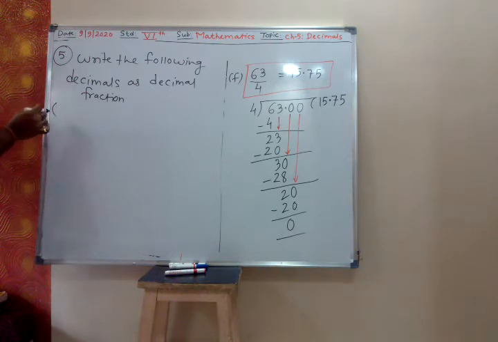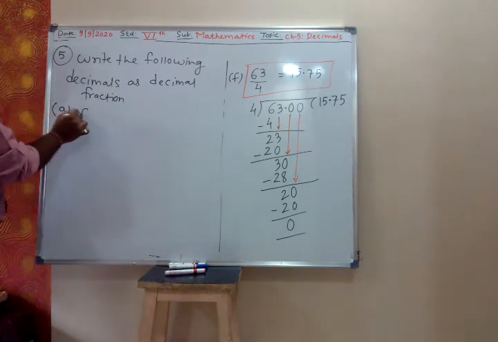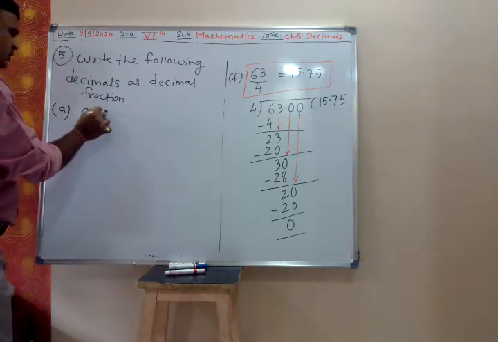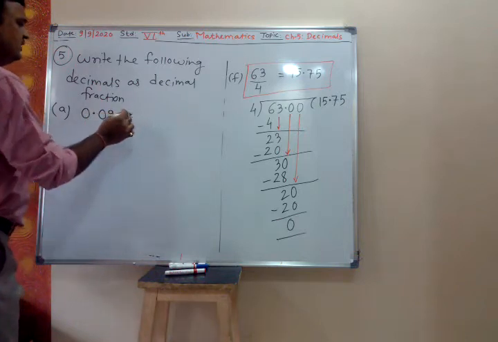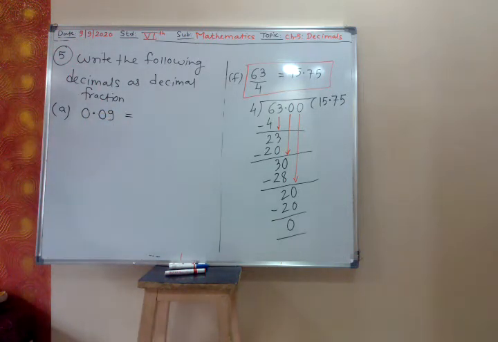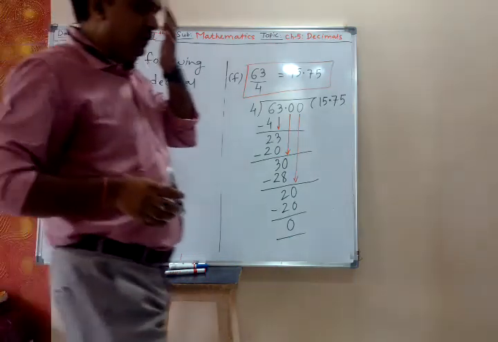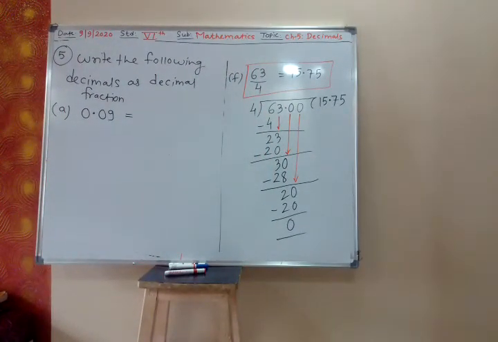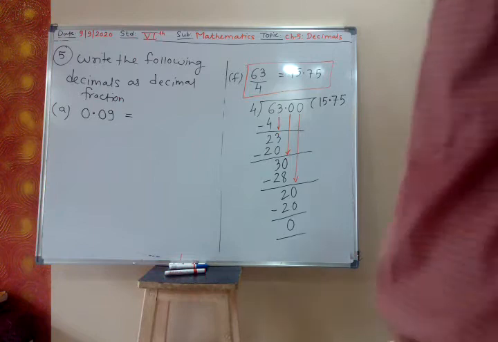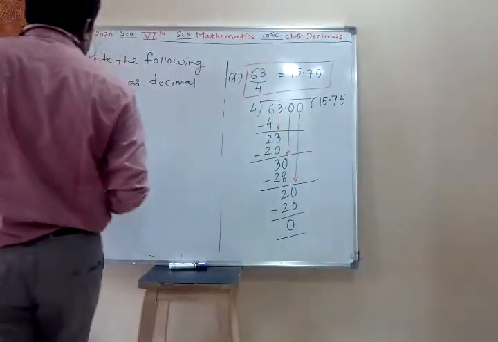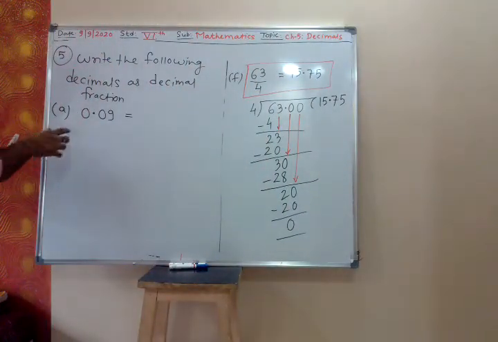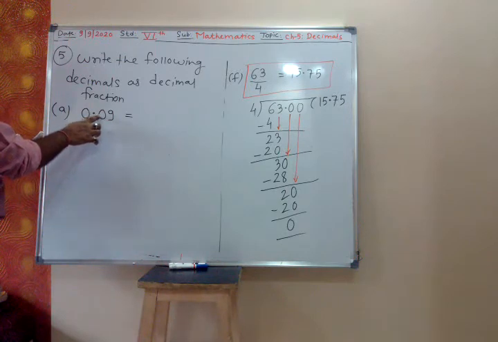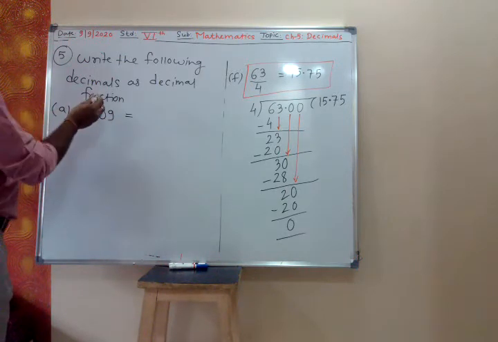A, 0.09. It is very much clear, right? The decimal is after 2 digits from right.